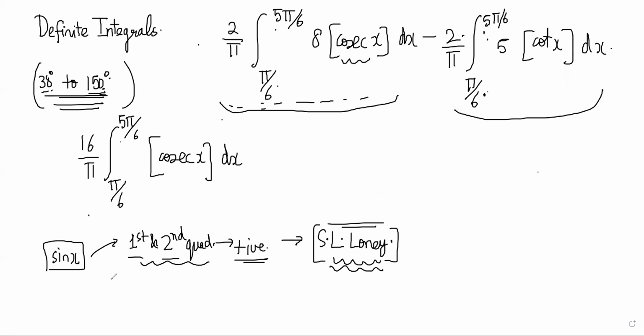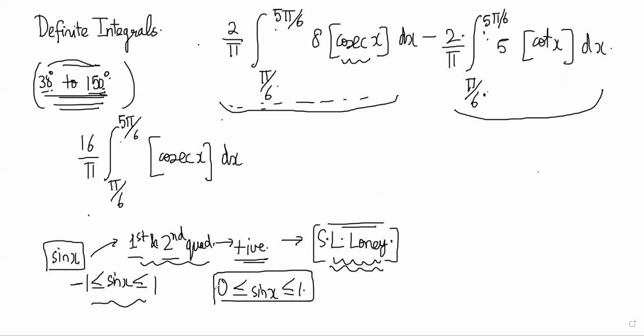The idea is sin x values are positive and between -1 and 1. Since angles are between 30 and 150 degrees, sin x is between 0 and 1, right? Since it is positive, it has to be between 0 and 1.